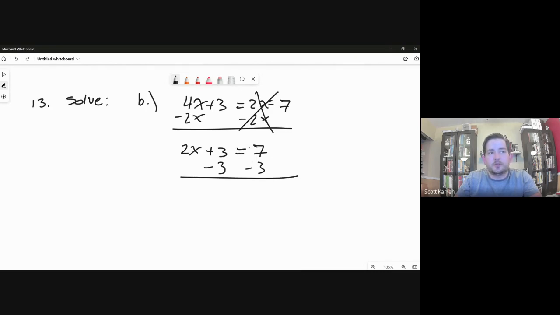So I subtract 3 on both sides. That 3 cancels out with a -3, leaving me with just 2x. -7 minus 3 is -10. And now I can solve all the way by using the multiplication principle and dividing both sides by 2. Divide that by 2, and I get x equals -5.